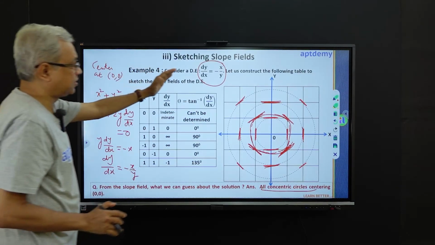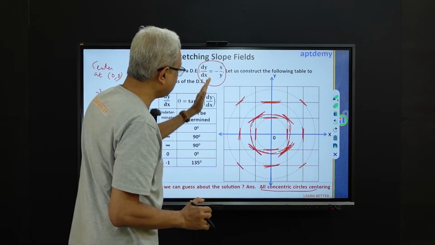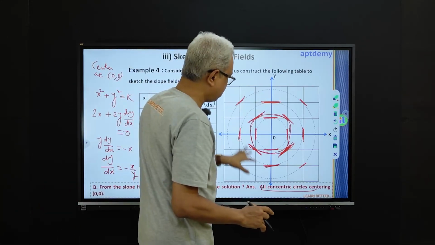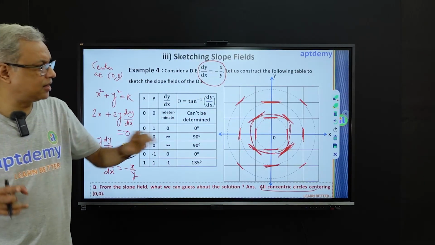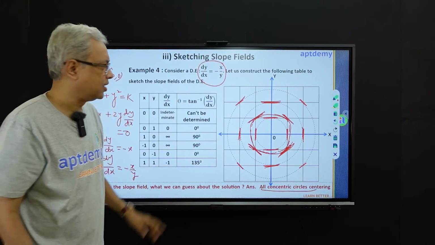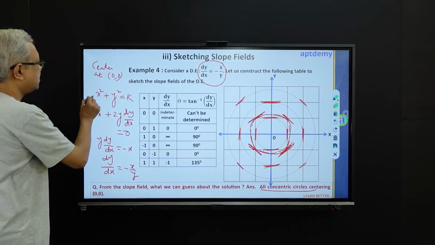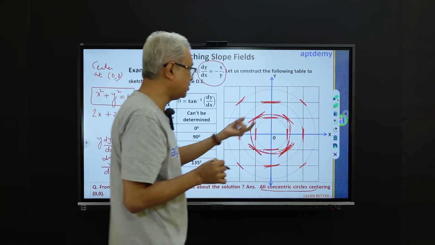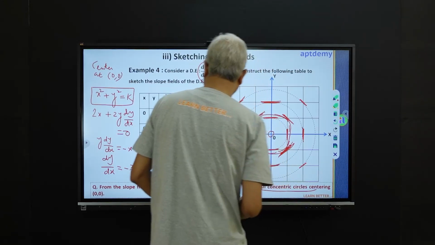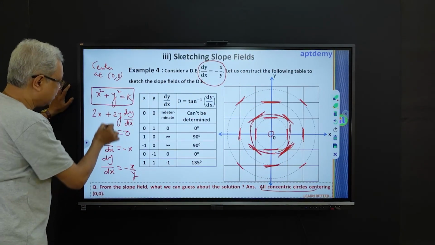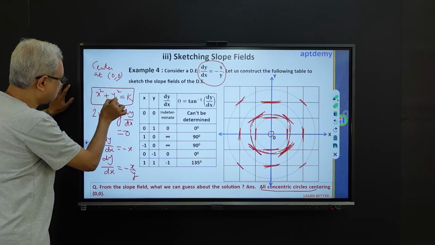So what we guessed by plotting the slope field of this differential equation, this was the slope field, and we could guess that the solution will represent the set of concentric circles, and we could easily write the equation for the set of concentric circles centering the origin.